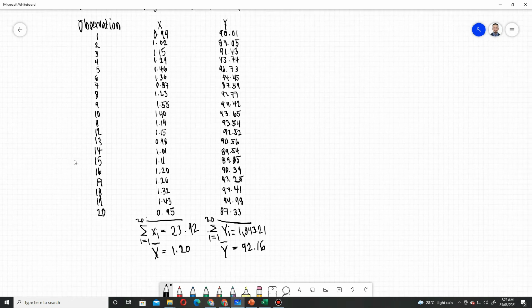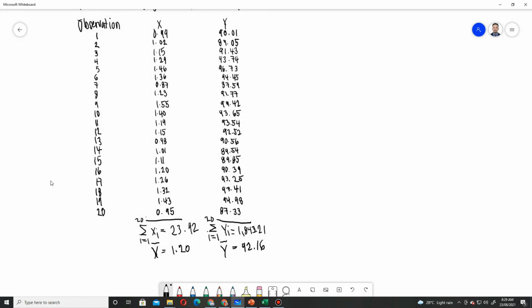Next, we will create a column called x squared. We will get the square value for each observation. So in this row we have 0.99 squared, that is 0.98 in 2 decimal places.